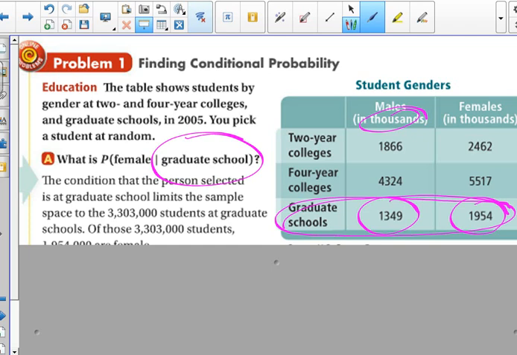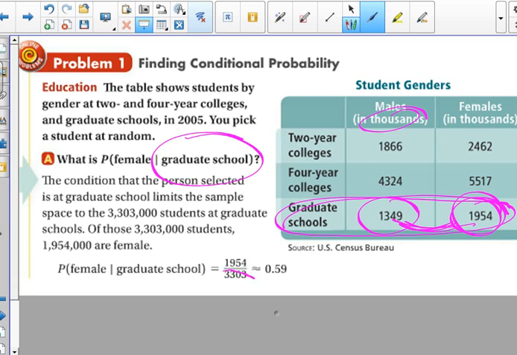From here forward I'm going to leave the 1,000 off and we're just going to work with these, but understand that these are written in thousands. We're going to add these two numbers together, and that's what goes on the denominator. So 3,303. And then how many of these graduates were female?